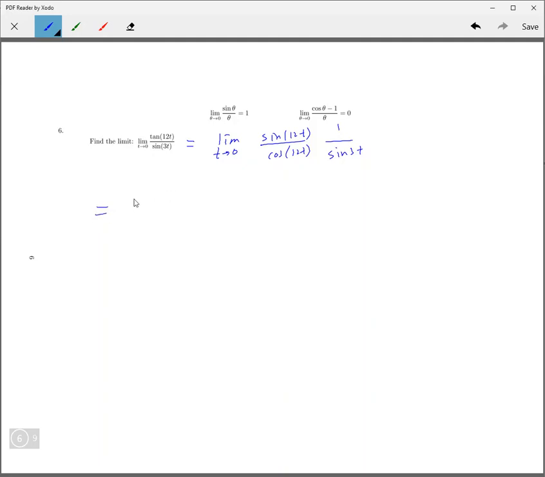Okay, now here's where it's a little bit tricky. This one also implies that if you had, let's say, some constant, a positive number a times t, if you had sine of at over at, that would also be 1.